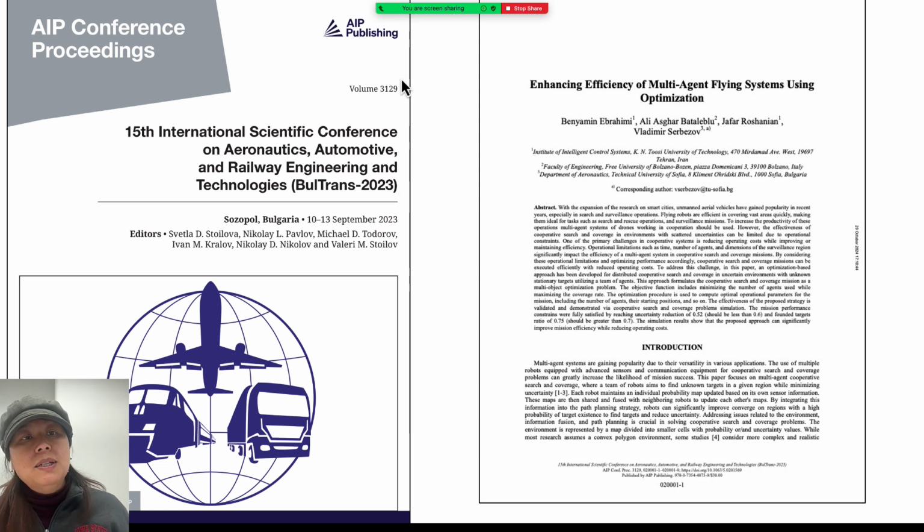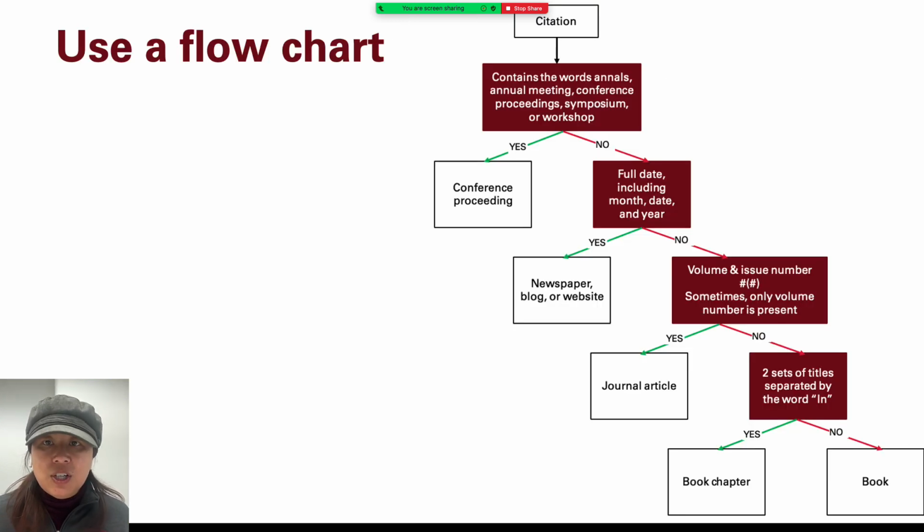Notice there's a volume in this one too, just like journal articles. But the difference is it says conference. You'll see conference, annals, meeting, any of those things tells you it's an actual conference proposal, a meeting, okay? The proceedings inside, the articles inside, look just like journal articles. But again, those words will give you a big tip-off as to what it is. Now, you don't have to memorize this because what we did is we put everything together in a flowchart for you.